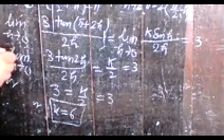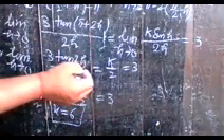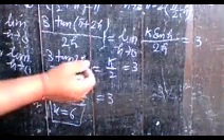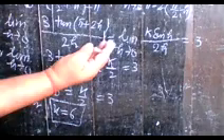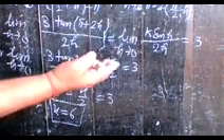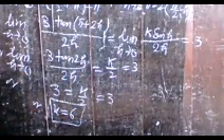Clear? If it is an MCQ question, there is no problem. You only have to solve its left limit, make it equal to 3, and you will get the value of k very easily.